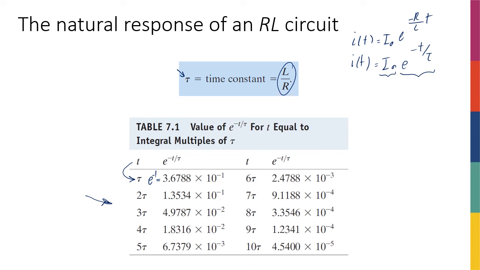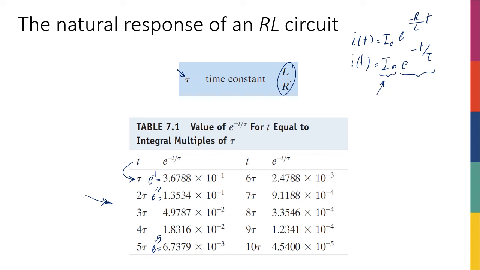Then for 2 tau, I'm going to have e to the power of negative 2, and all the way to, let's say, 5 tau, I'm going to have e to the negative 5, right? So I'm just replacing t with tau or 2 tau or 3 tau or 4 tau or 5 tau, right? I can see that if I have an initial value, let's say this initial value of I naught could be 5, 10, 50, whatever, right?